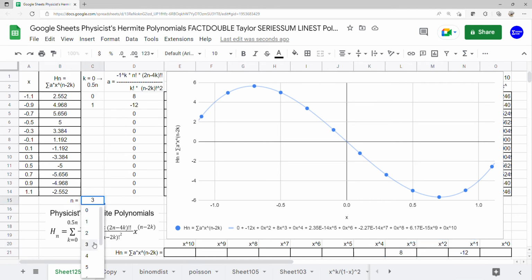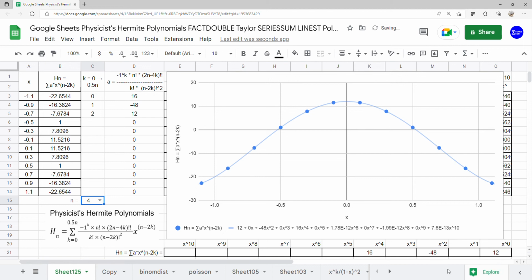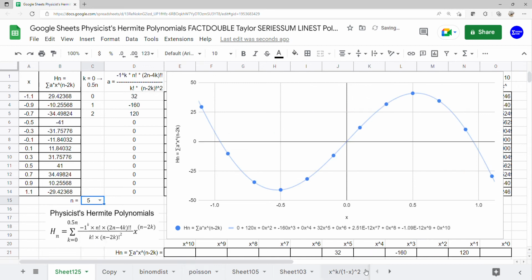N equals 4. That's 12 minus 48x squared plus 16x to the 4th. N equals 5. That's 120x minus 160x cubed plus 32x to the 5th.